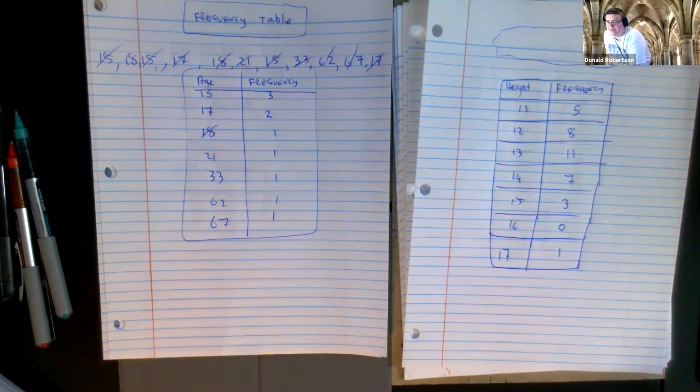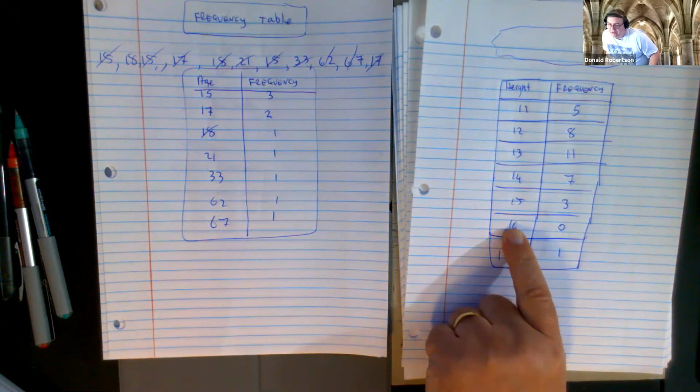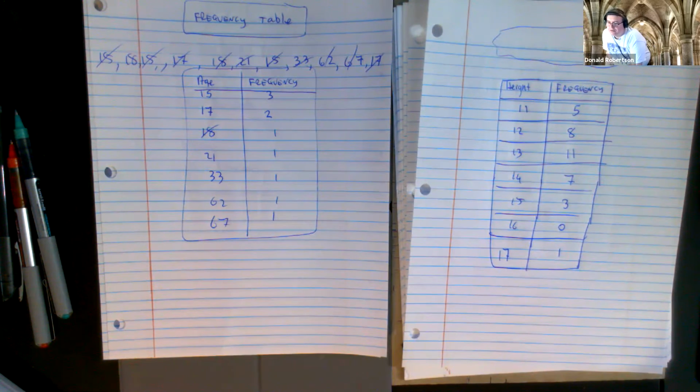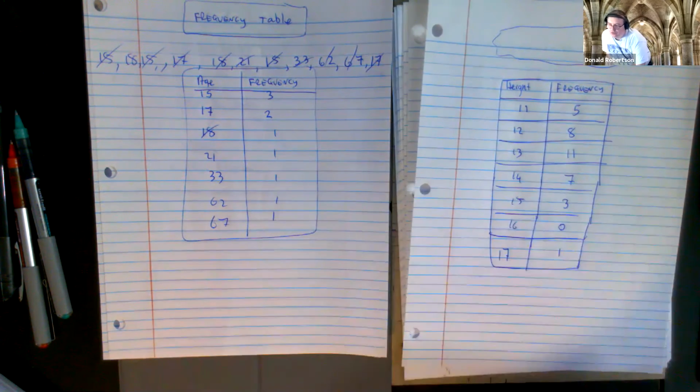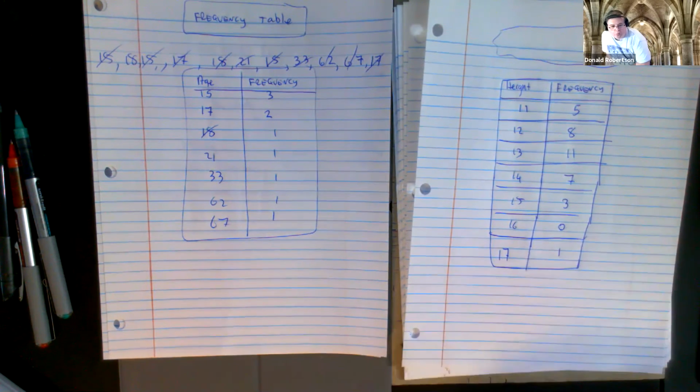Have you noticed that in this frequency table, although there weren't any numbers with 16, I still put it in. That is much more common. In frequency tables like this, even if nobody got the score, you would typically put the score in and write 0 beside it. Now, you don't always do it.